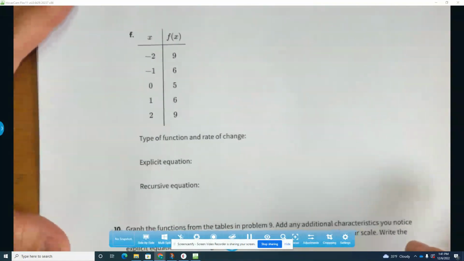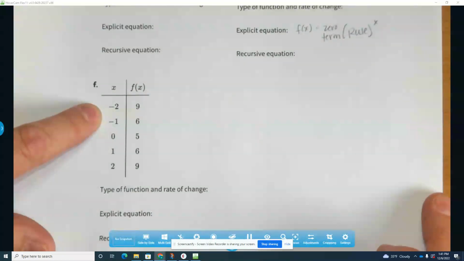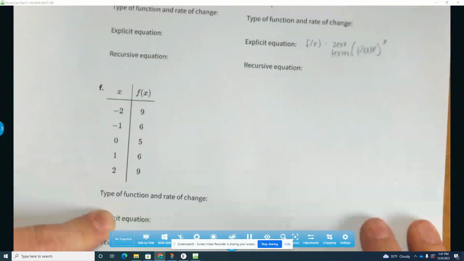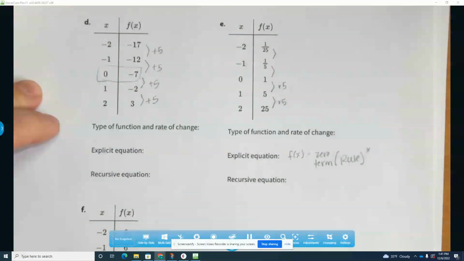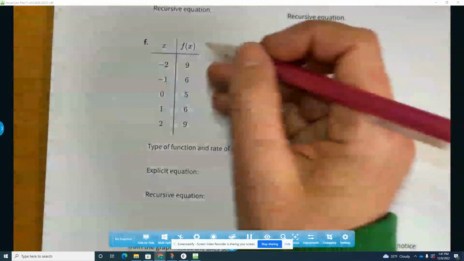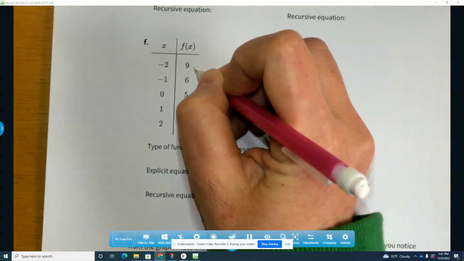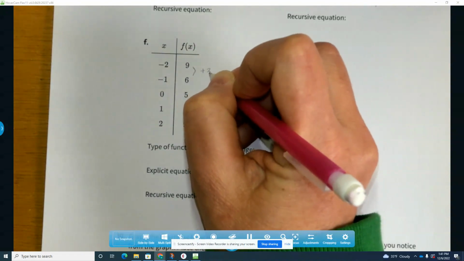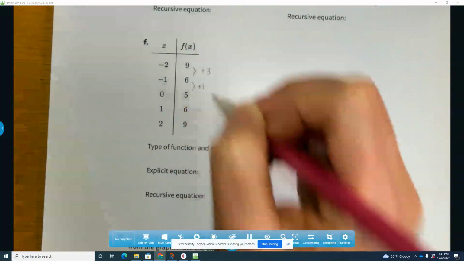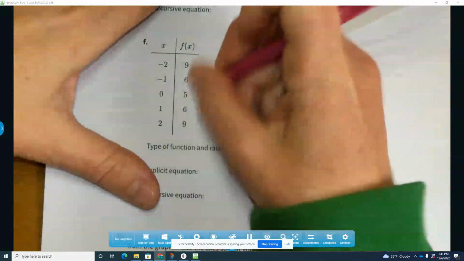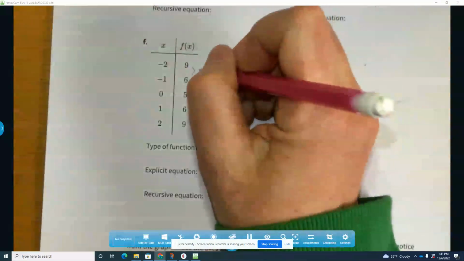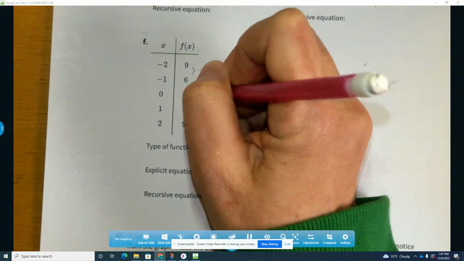All right, let's look at this. Notice that our X terms are all the same in these 3 problems. They've given you an arithmetic, they've given you a geometric. Let's see what they give us here. That's a minus 3, minus 1.